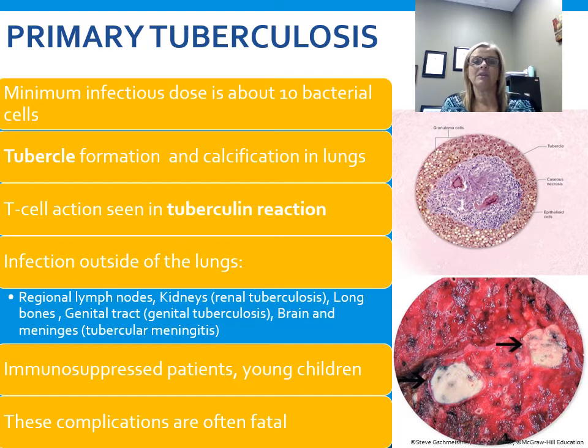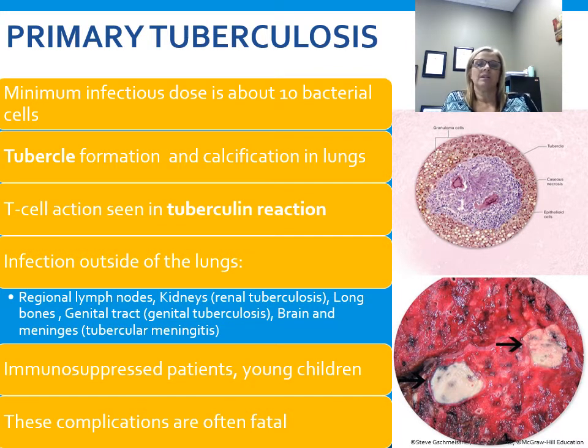But then it carries the potential to cause damage, okay? Neutrophils release enzymes at the center of these tubercles, which are going to break down into a necrotic lesion, okay? And those are going to heal by calcification. So your normal lung tissue is going to be replaced by calcium, okay, forming the little granulomas of calcium in your lungs.